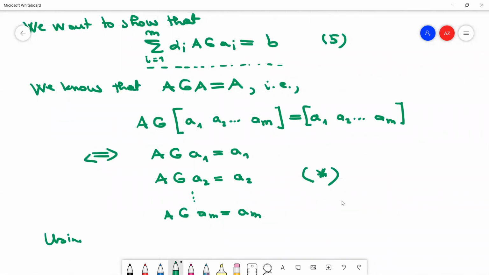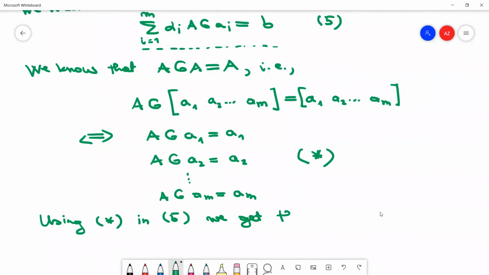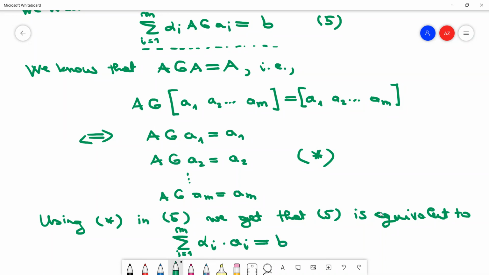So using star in 5, we get that 5 is equivalent to the sum over I from 1 to M, alpha I times, instead of AG, AI, I write AI, is equal to B. So 5 is equivalent to this equation.